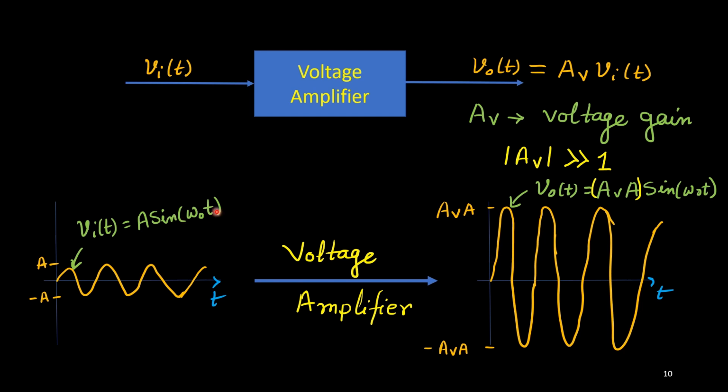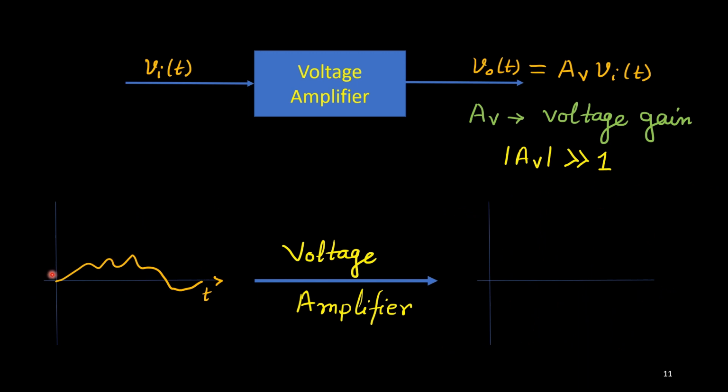And remember that this sinusoidal signal is generally used for testing purposes. But remember, this is not the only signal that could be applied to the voltage amplifier. We can apply any other time varying signal which carries some information to the voltage amplifier, and we will get some amplified version of this signal.